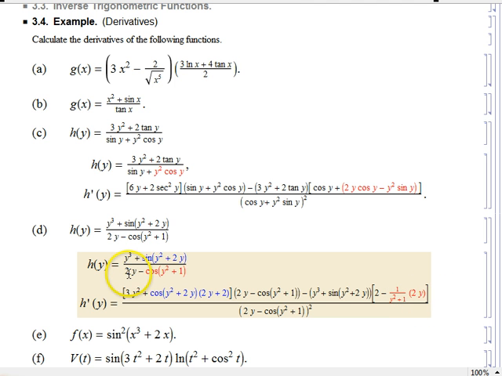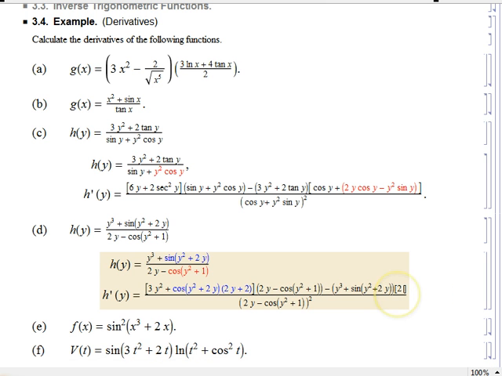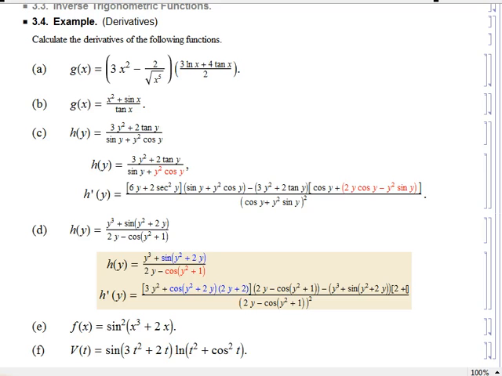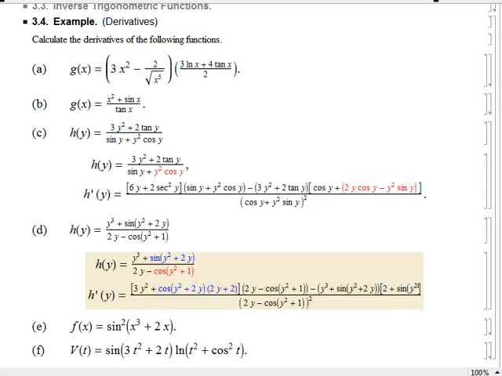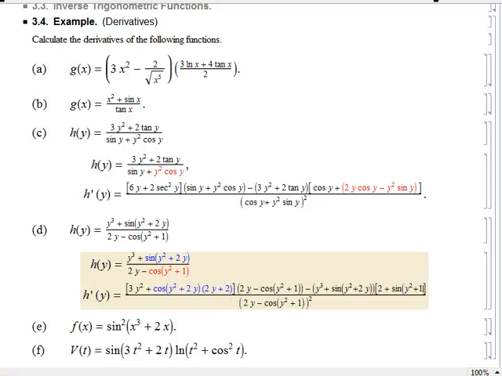The first function, this 2y, becomes 2. That's okay. And then the derivative of this cosine function, okay, that's going to be a problem. Let's redo that. Derivative of cosine is negative sine. Colliding with the negative sign already, I'm going to get positive sine. And then nothing changes inside, right? y squared plus 1.